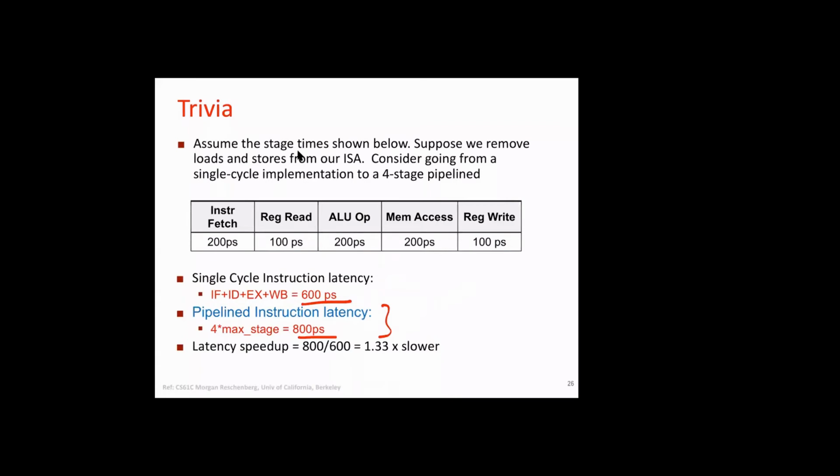Although register read is able to finish the job in 100 picoseconds, the wait time is still 200 picoseconds. So overall, the slowdown for each individual instruction is 1.33 times.